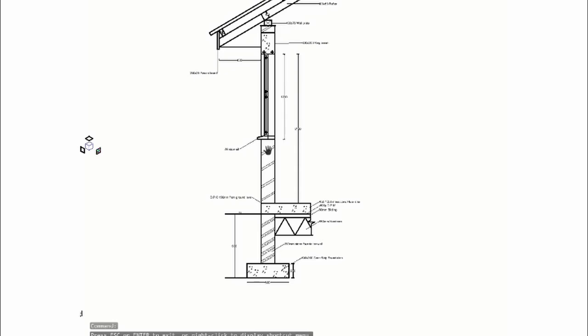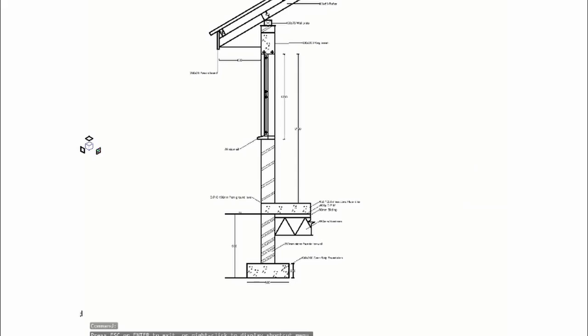Then there is the superstructure wall, and then the ceiling height. Ceiling height is about there, 2500, and then 2100. That is the ring beam height. Then we have the eave here as 600, and so on.